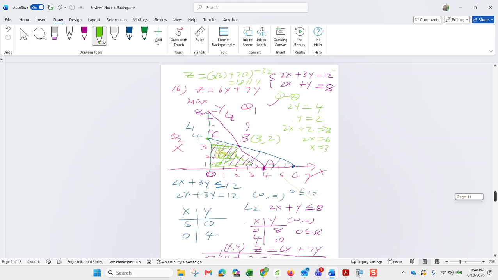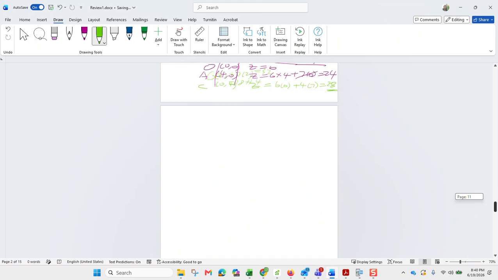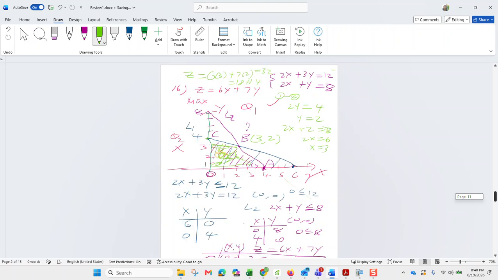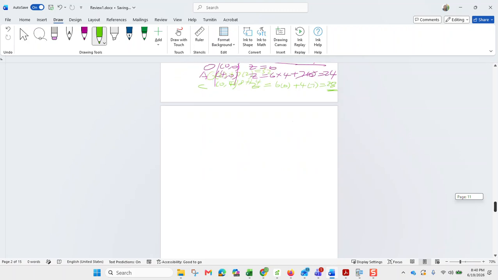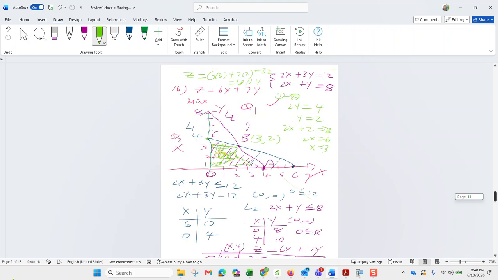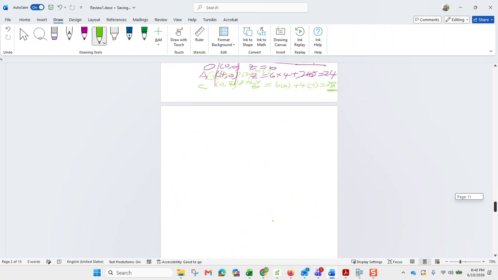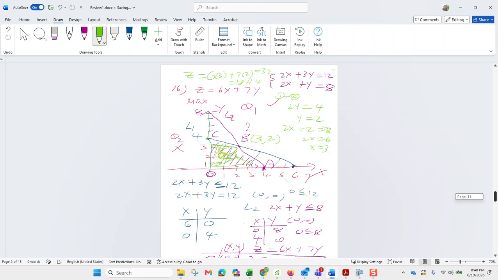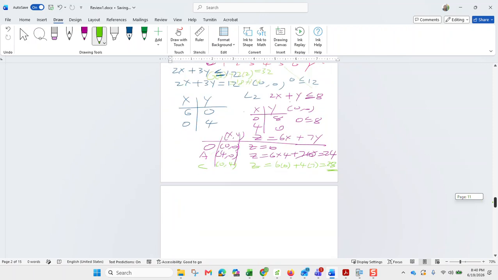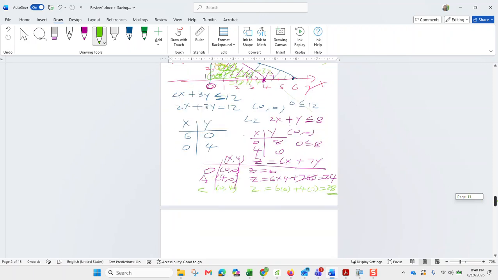So I'm trying to do this table in here. If you compare this 32 with the previous ones we calculated, which are 24 and 28, right? And then we have B here, which is 3 and 2.